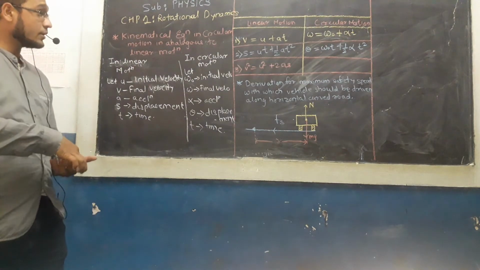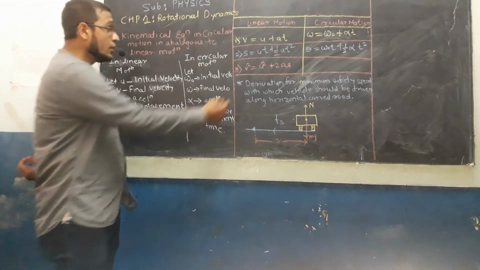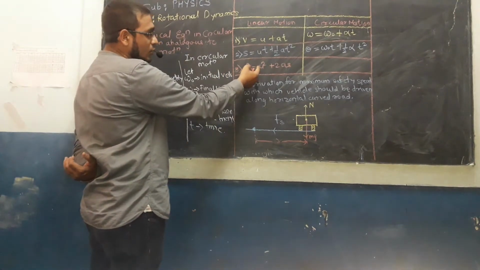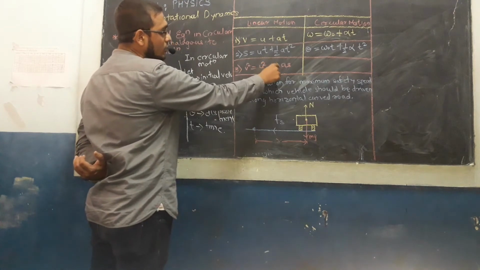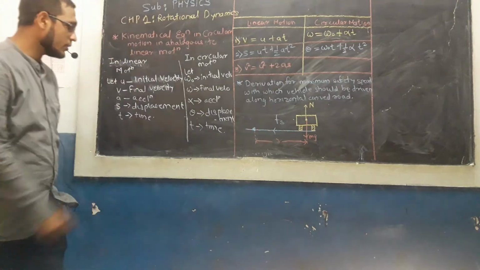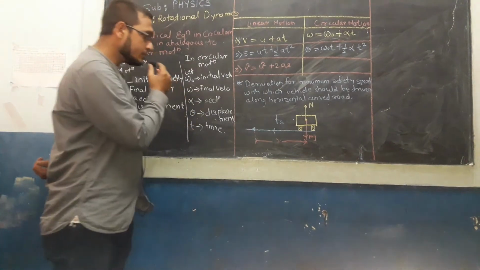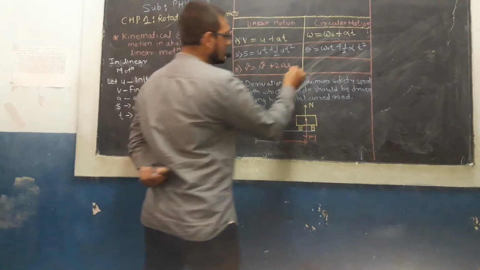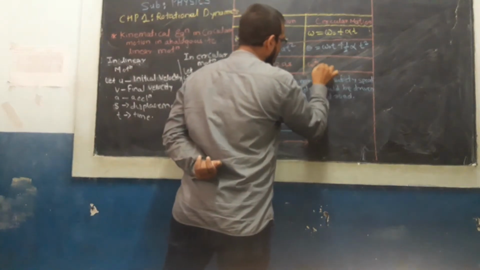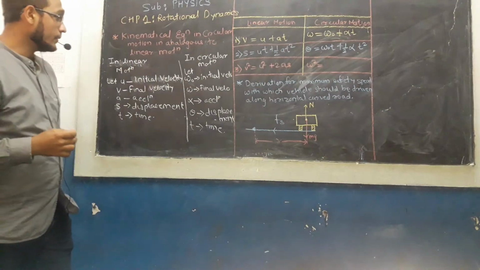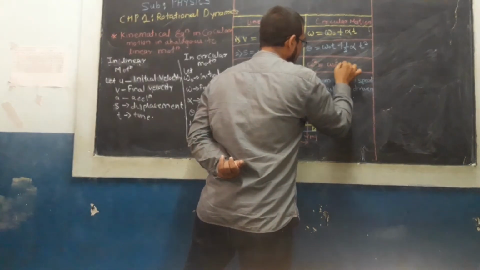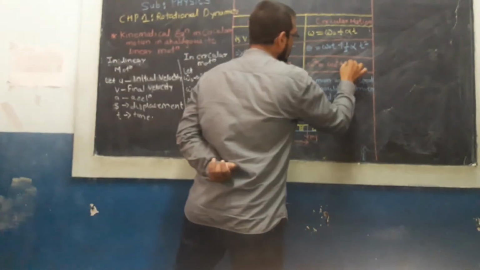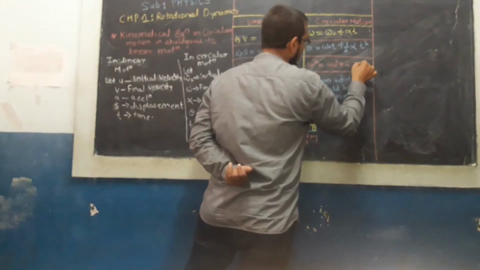Then what is the third kinematical equation? Square of final velocity is equal to square of initial velocity plus twice the product of acceleration and displacement. Final velocity here is omega, so omega square equal to initial velocity omega 0 square plus 2 alpha theta.